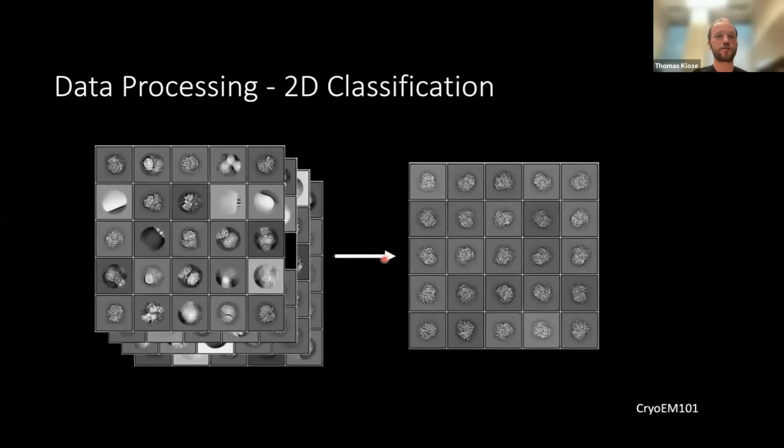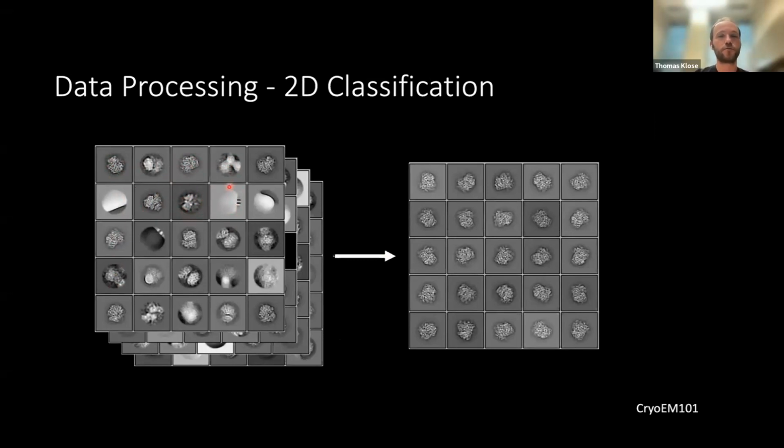Then when you've done this, you end up with boxes that look like this. The picking obviously picks particles, as it should, but it will also pick contaminants that look roughly like your particle, or weird little blobs on edges of contaminants. Or in this case, this protein was probably denatured, so it looks very bad.